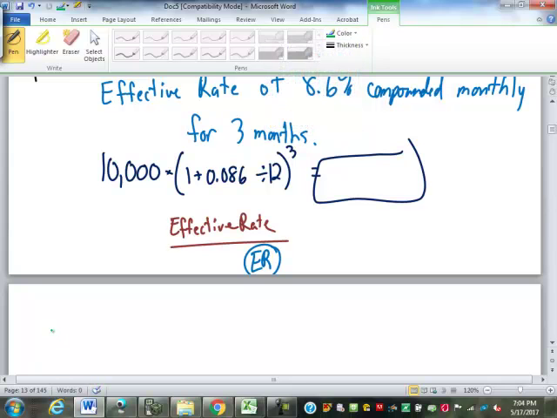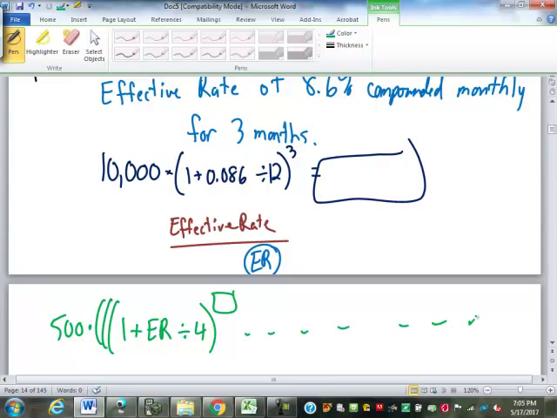You are going to then use that with the $500 quarterly payment divided by 4 because it's going to be quarterly, to the power of the number of quarters. Okay?